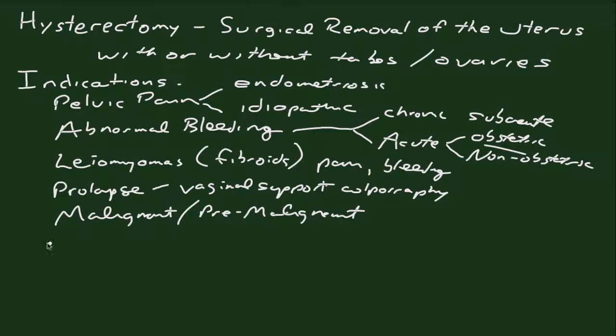So in broad terms, those are some different indications. Many of these have medical therapies available as well, others don't, but hysterectomy is often the treatment of last resort in some of these cases.